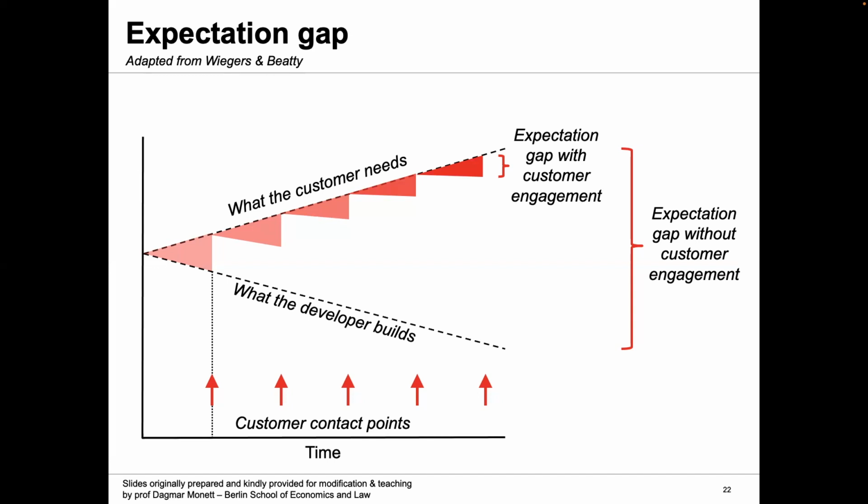So it's really important that you have interactive support with your customers and try to reduce this gap as much as possible. That way you're not just going to satisfy your customer, but you're also going to be more confident that what you're building is meeting the requirements of the customer.